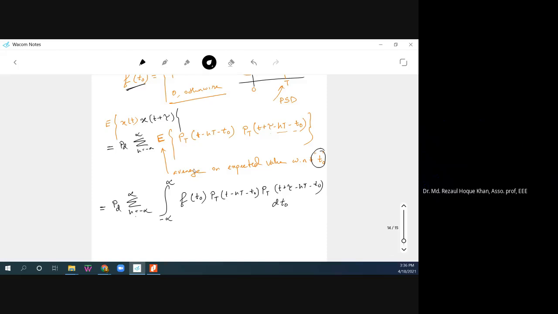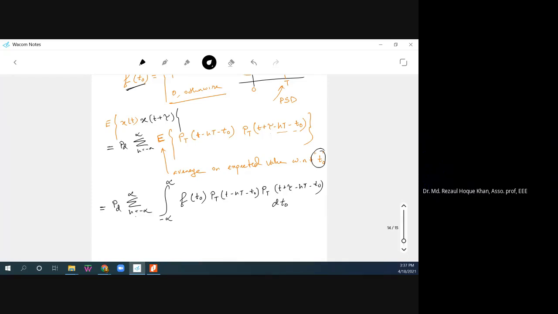What we are doing is averaging with respect to the random delay. To get the average, we multiply the expression by the distribution of the random delay.